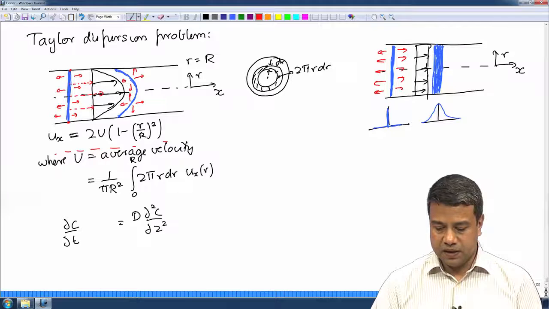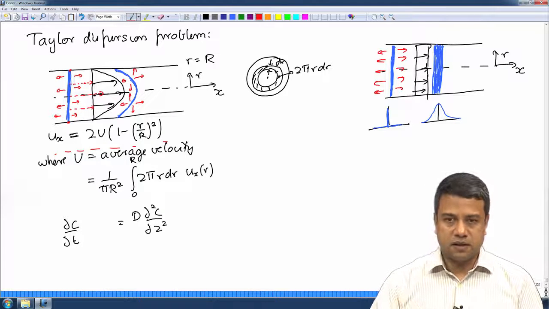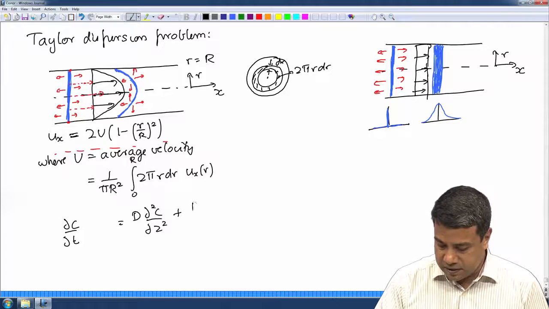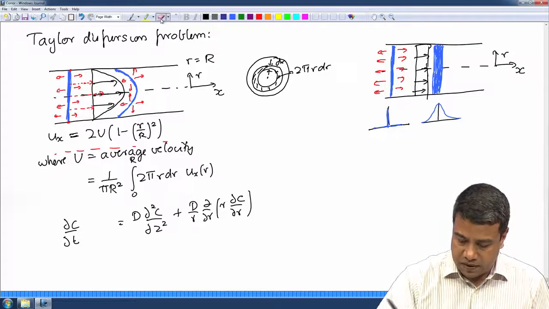Therefore, because it is being distorted by the mean flow, I have to take into account convection as well as radial diffusion. So I will have plus, and I have to have the convective term here.